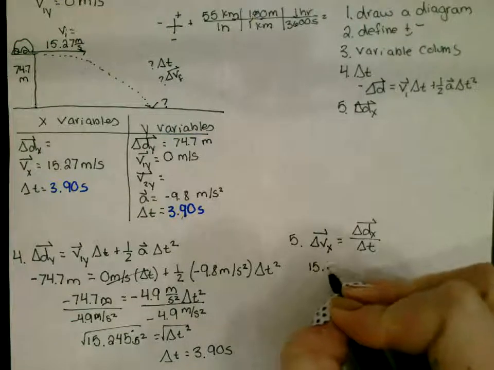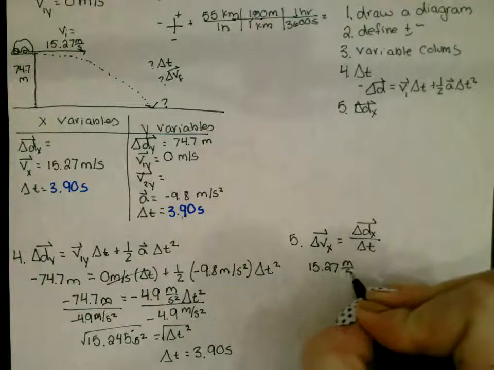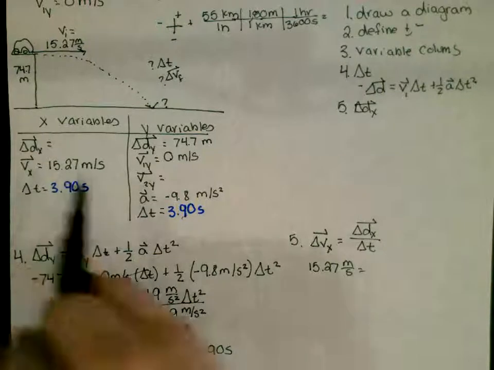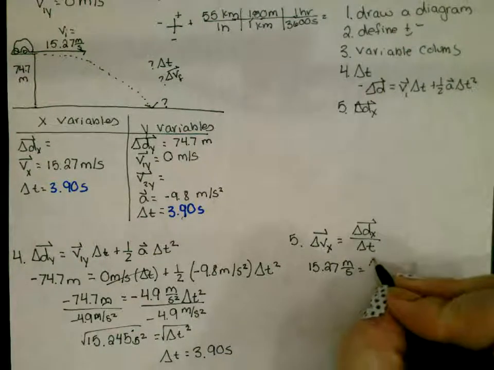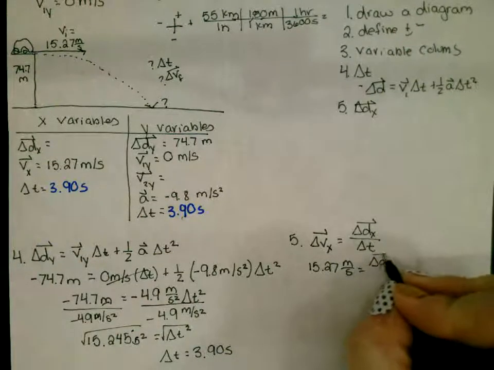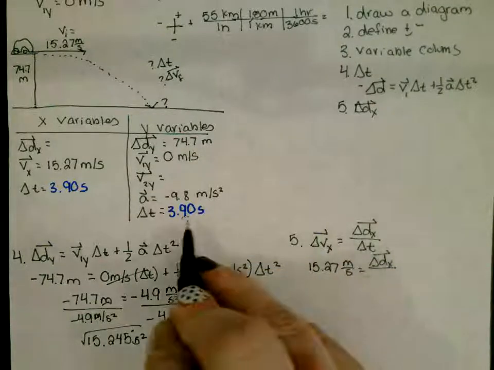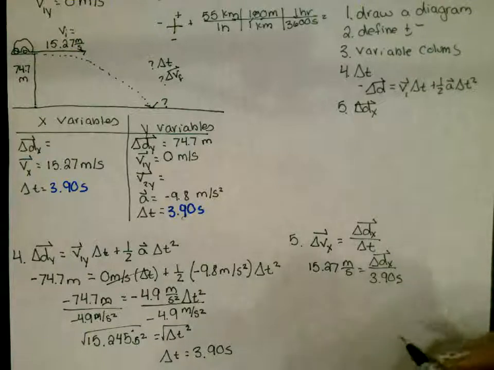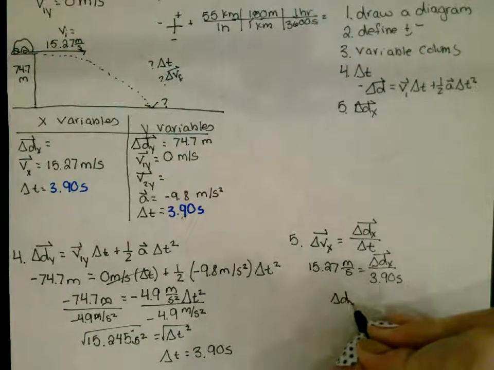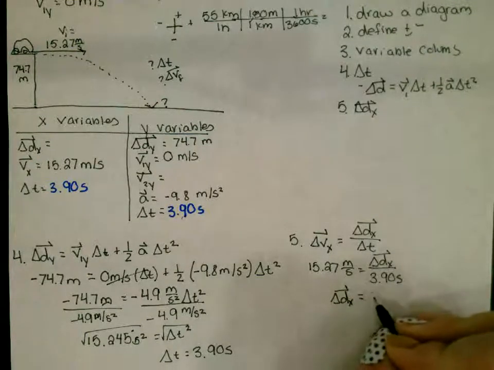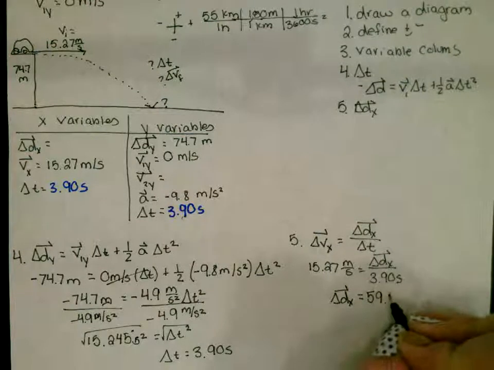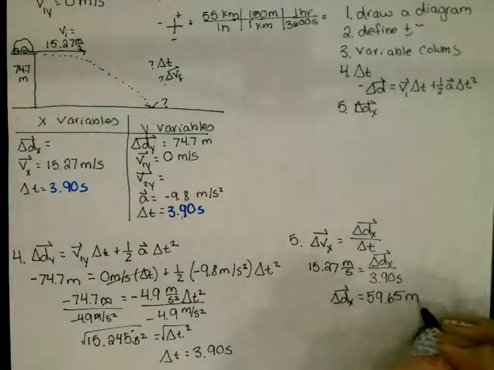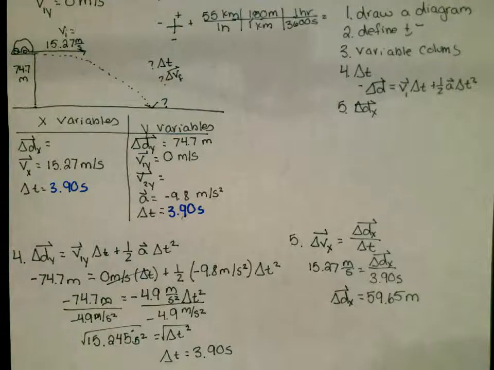So 15.27 meters per second from right here is equal to my range over my change in time, which was 3.90 seconds. So my range is going to be 59.65 meters. I can plug that in up here.